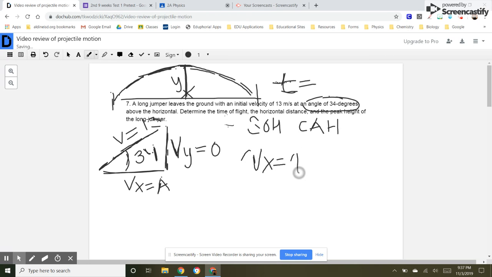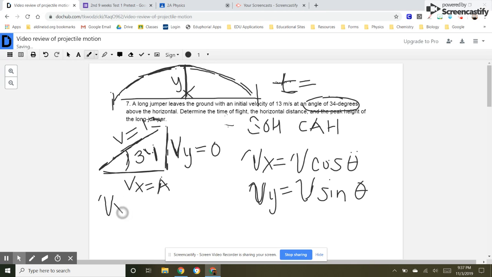So it's vx equals v cosine of the angle, and then v of y is going to be v sine of the angle. Okay, so plugging in for vx, I'm going to do that right over here. We have 13 meters per second times cosine of 34.